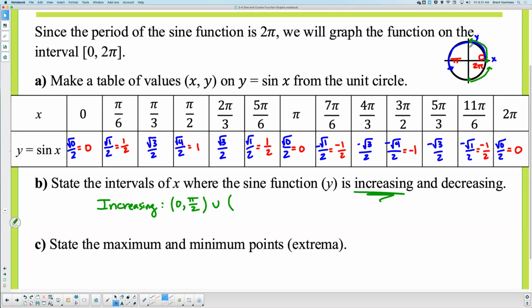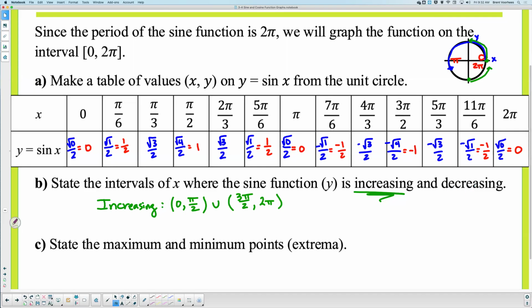If this is 0, that's 1 pi over 2. 1 whole pi is like 2 pi over 2. So it goes 1 pi over 2, 2 pi over 2, 3 pi over 2. Very good. It's 3/2 of pi. And then finally, what is this value right there? 2 pi. That's where we increase.